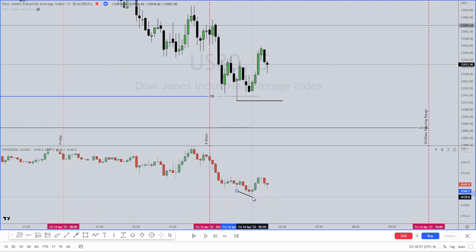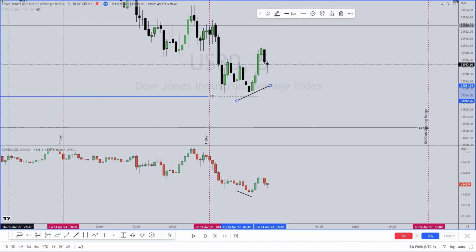SMT on S&P. This is the SPX 500 CFD, and this is the CFD for US 30. I'm using this Black Bull feed. So what we have here is an SMT.